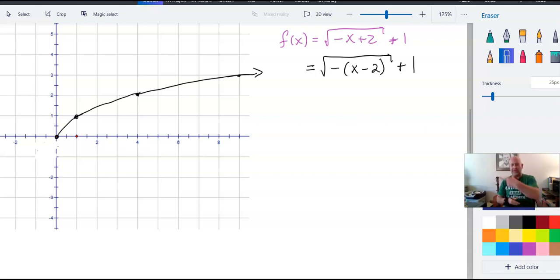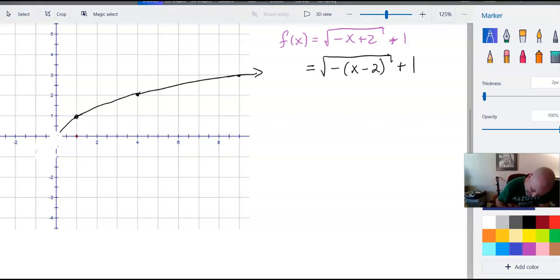Now it's going to be pointed this way. This isn't going to change, but all these points become the negatives over here. So this thing is now going to come in from this side. So we've reflected it across the y-axis.